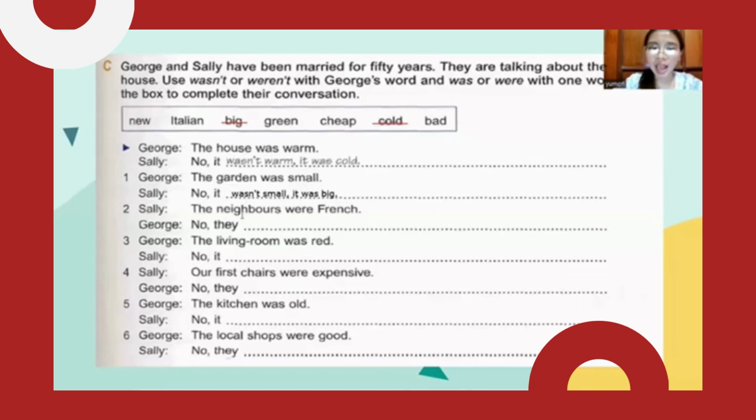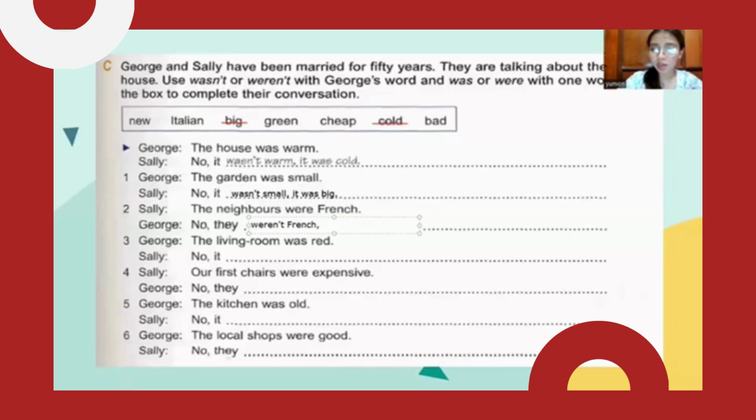So Sally said the neighbors were French. So, the neighbors were French. But George said no. Okay? We have to write the negative sentence. Okay, so how do we write? So no, they weren't. They weren't French. Okay, comma.